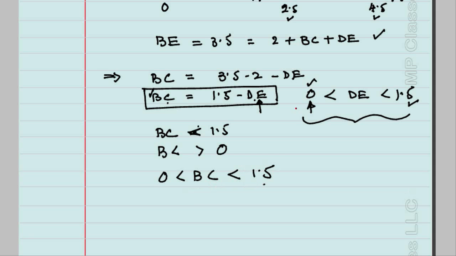Actually this condition could have been found simply by looking at this boxed quantity and saying that BC plus DE is equal to 1.5, and these two lengths cannot be greater than 1.5, and we can pick B and E whichever way we want.